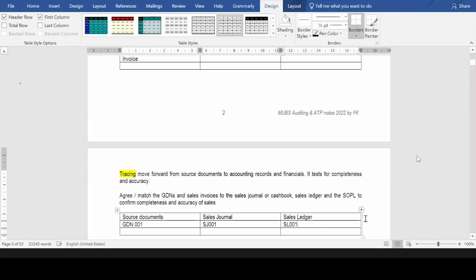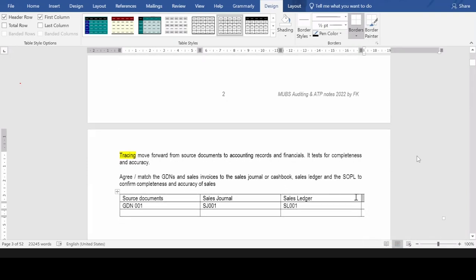Now status, this will be a complete transaction. We have posted everything.